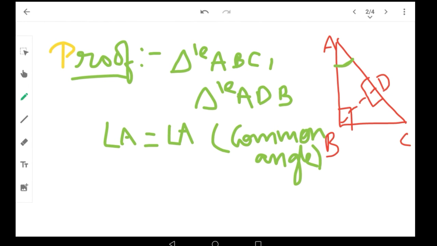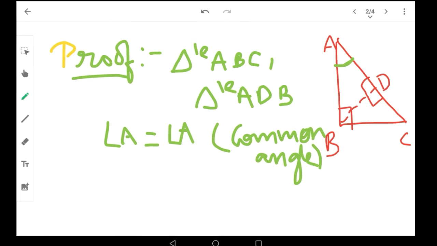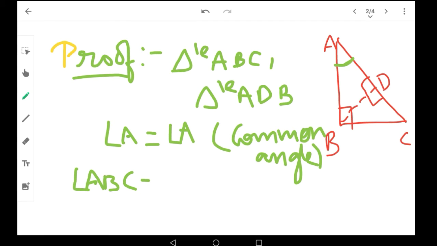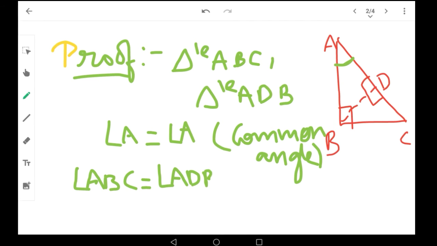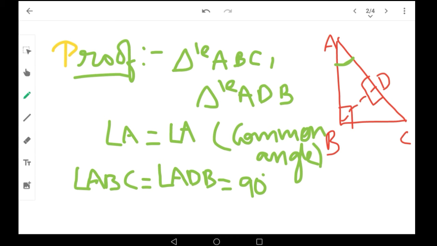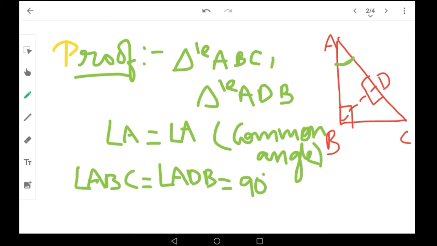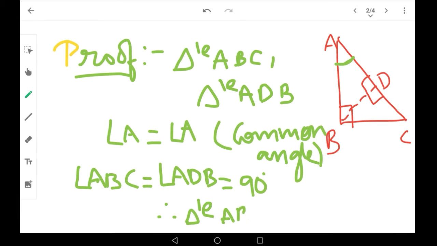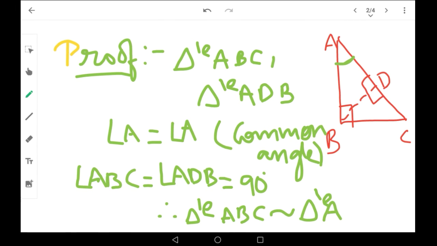Similarly, angle D is 90 in the triangle ADB. So angle ABC is equal to angle ADB is equal to 90 degrees. So by AA similarity, I can say that triangle ABC is similar to triangle ADB.